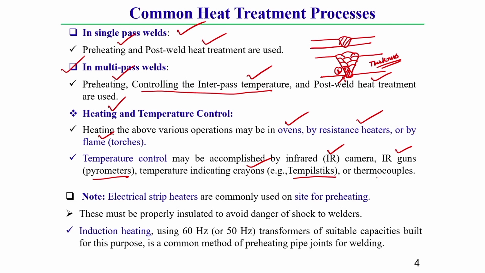Apart from these things you can use thermocouples also. Thermocouples, you know, generally use two different types of alloying element. This is also called chromel, alumel types of material that we generally use here. That thermocouple generally converts the temperature difference into a voltage difference.